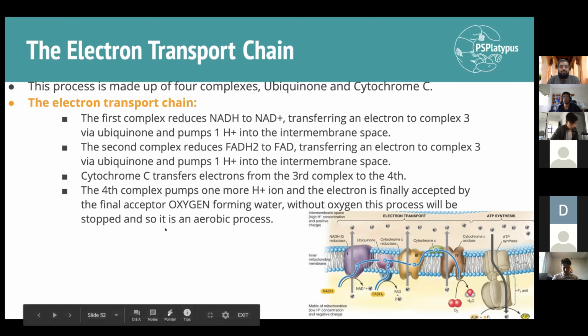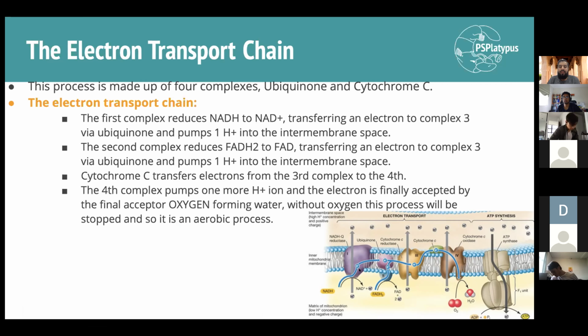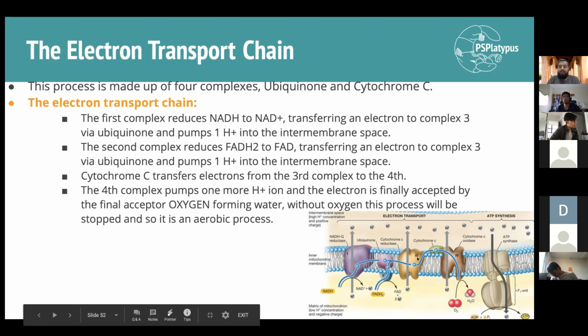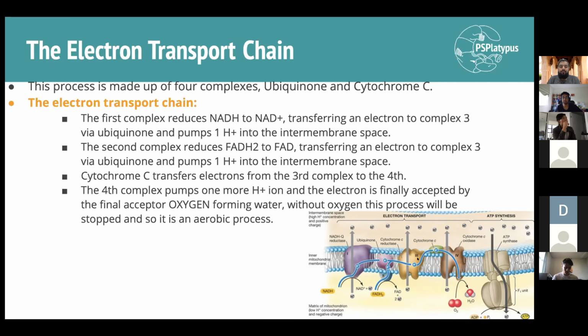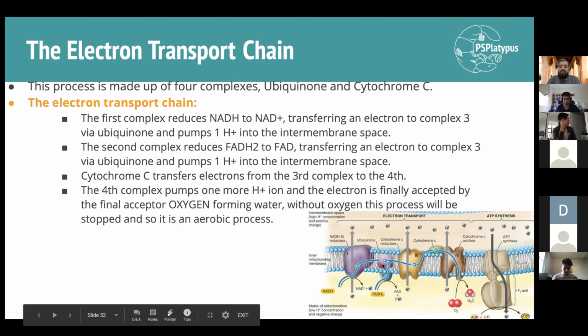So what basically happens, the first complex will oxidize NADH to NAD plus, transferring the electrons to complex number 3, and the second complex will oxidize FADH2 to FAD, transferring the electrons also to complex number 3.